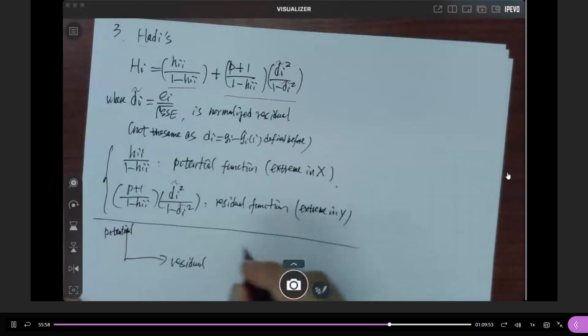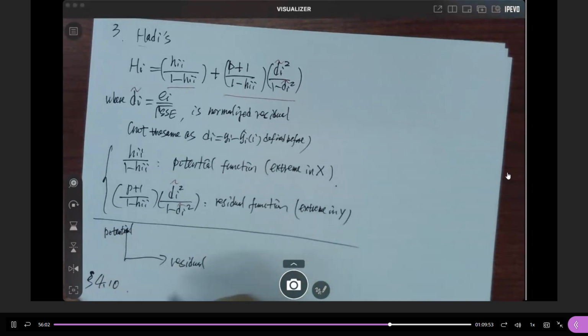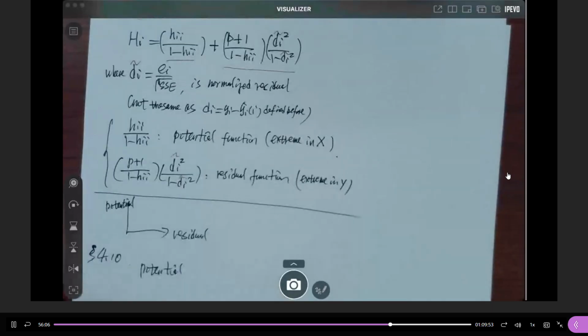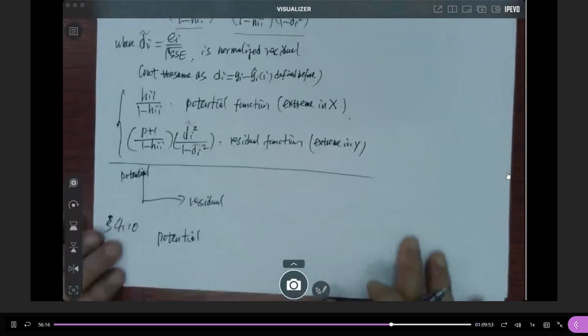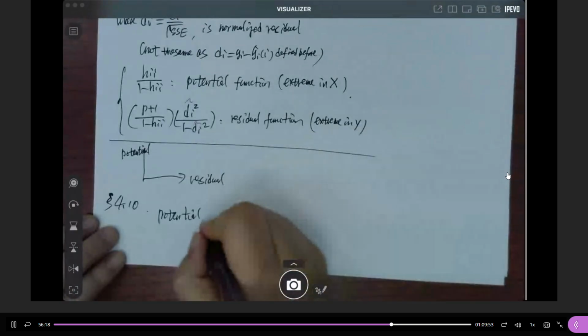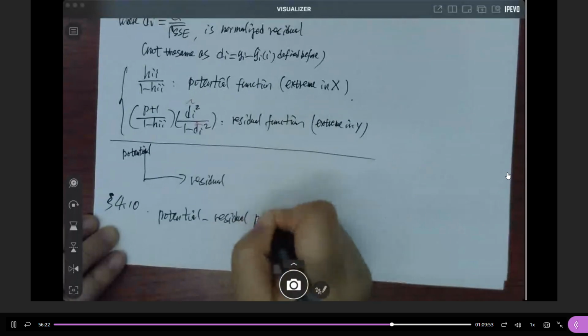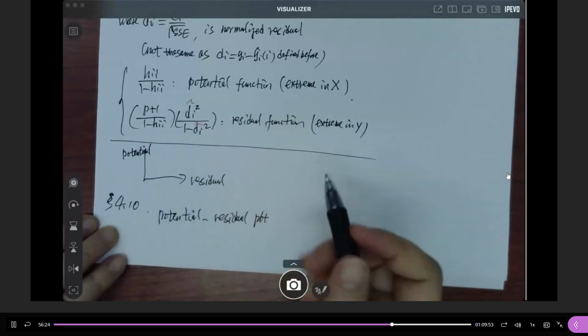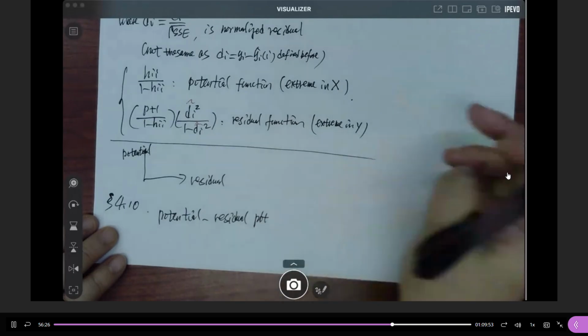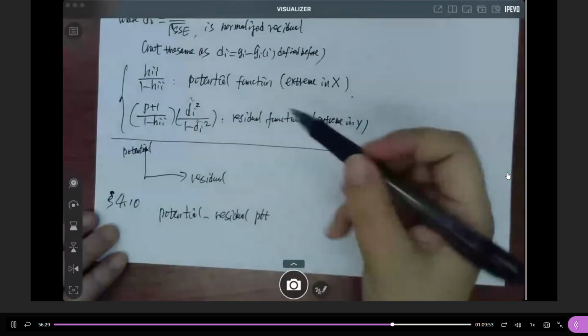So this is what we see in the next section. Actually, this is in section 10 here. We call that the potential versus residual plot. Keep in mind, this is not the residual versus phase or residual versus predictor plot we talked about at the beginning.